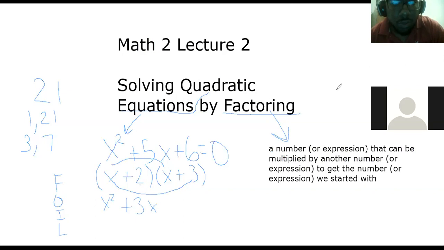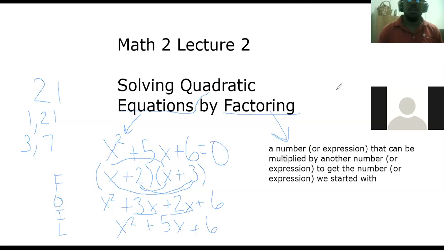Inner, so if I multiply the 2 and the x together, I get 2x. And last, if I multiply the 2 and the 3, I get 6. And then if I combine like terms, so if I add the 3x and the 2x together, I get x squared plus 5x plus 6, which, hey, is what I started with.